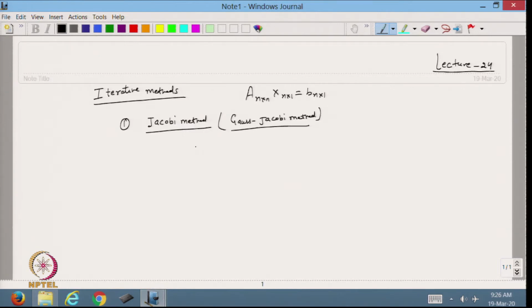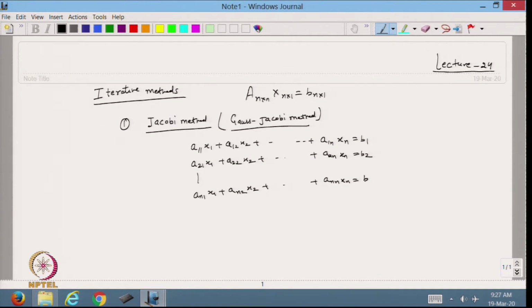So suppose I have a system of equations: a11 x1 plus a12 x2 plus up to a1n xn is equal to b1, then the second equation up to a2n xn is equal to b2, and in the last I have bn.